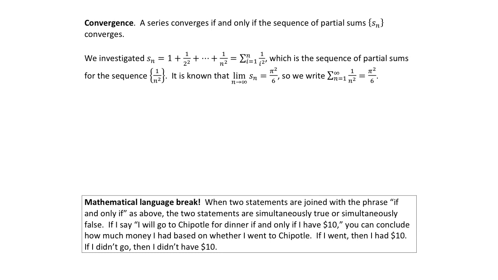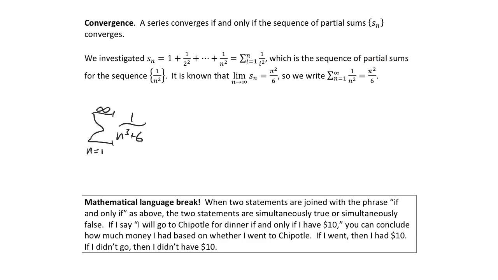We talked about the fact that this sequence of partial sums approaches pi squared over 6, and so we're going to write the sum n equals 1 to infinity of 1 over n squared to be pi squared over 6. Again, what that means is that if we stop this sum at a certain number, let's say 4 billion, when we take the sum from 1 over 1 squared to 1 over 4 billion squared, we're going to be pretty darn close to pi squared over 6.